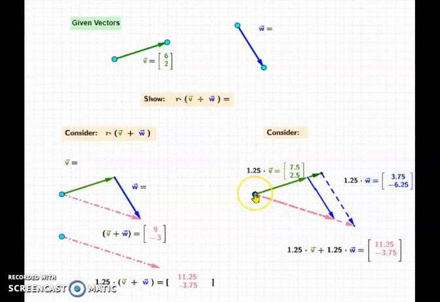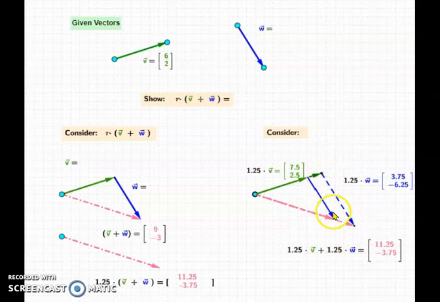So kung napapansin nyo, itong green, sumobra siya ng something like 0.25. So the length of this vector from this point up to this point is scaled 1.25 times compared to this vector v. Sa vector w, that is this vector.